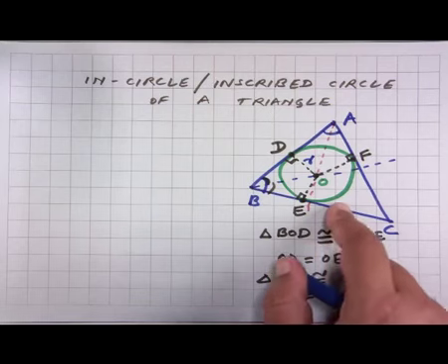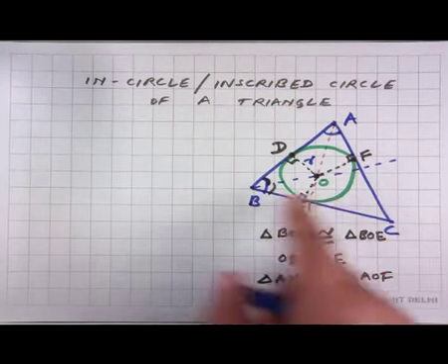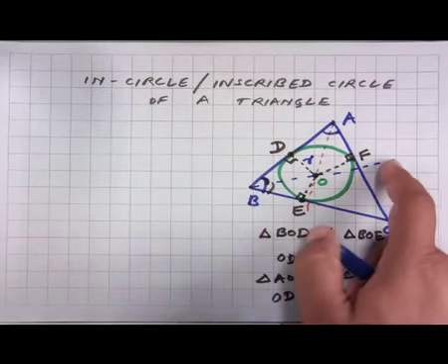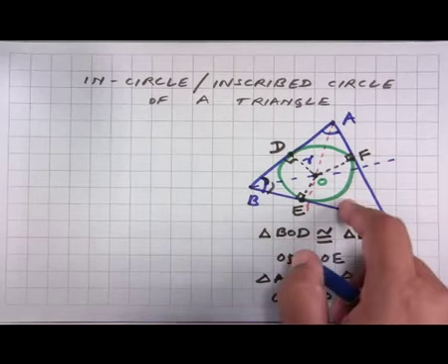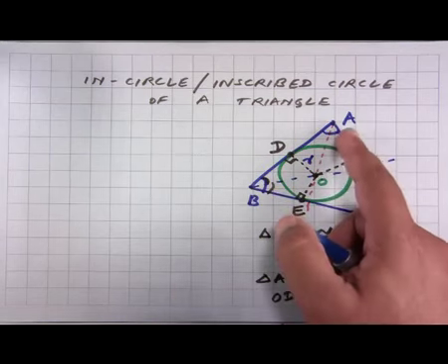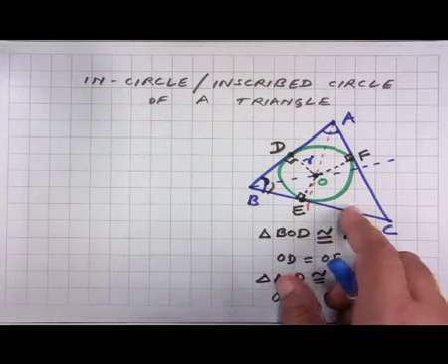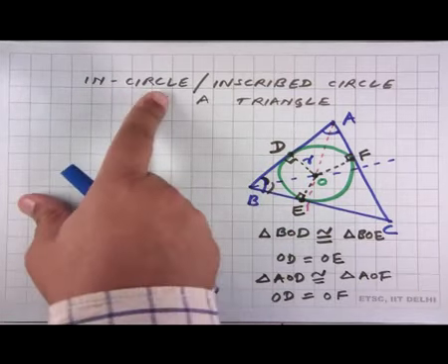This circle touches the triangle ABC at exactly 3 points D, E and F. This circle is further completely inside the triangle ABC, and that is why it is called the inscribed circle, or sometimes also the incircle.